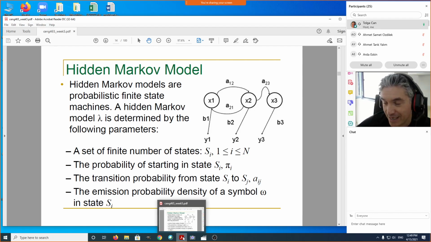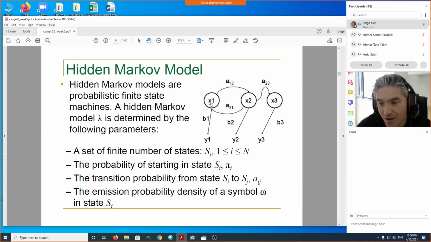Those are actions that can be observed, and the emotions are things that we can't observe, and the actions may be outcomes of certain emotions.